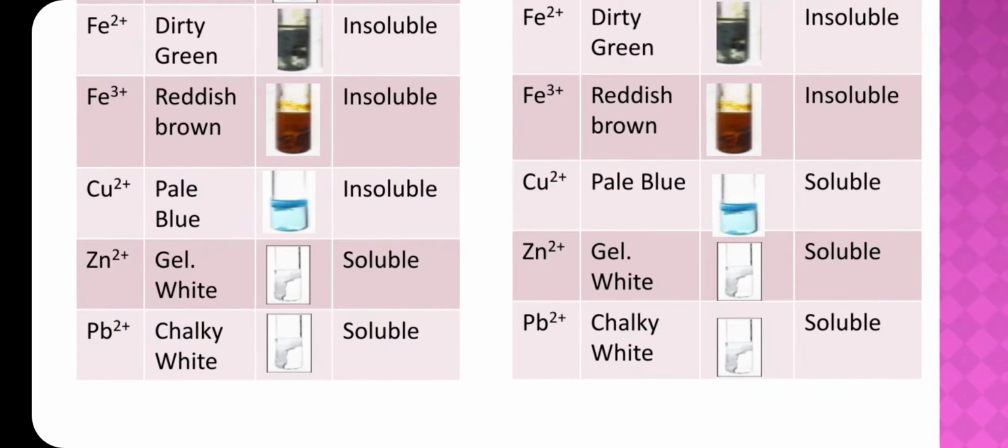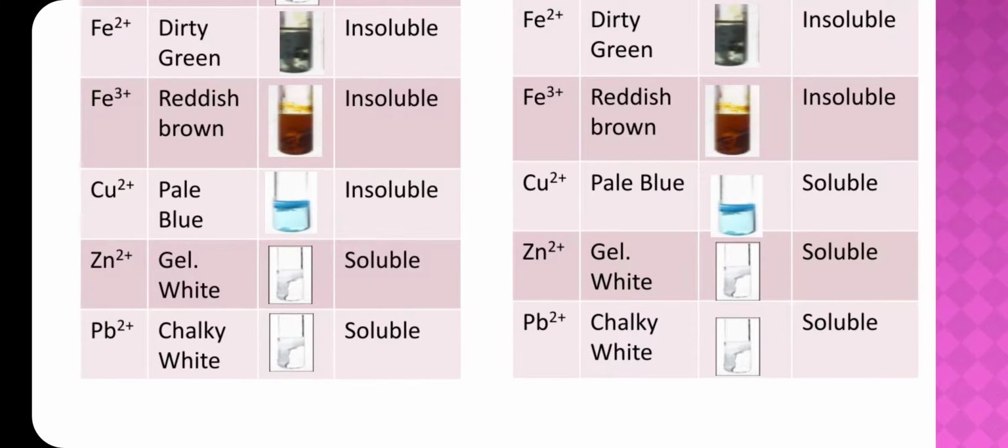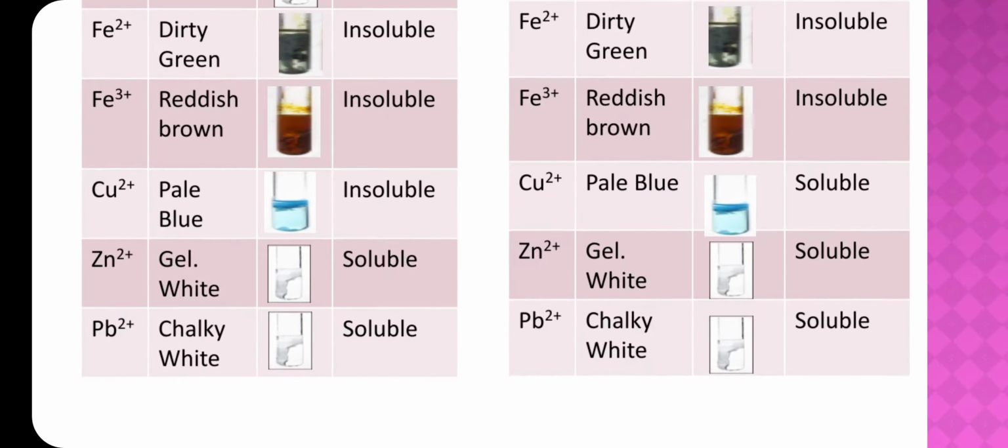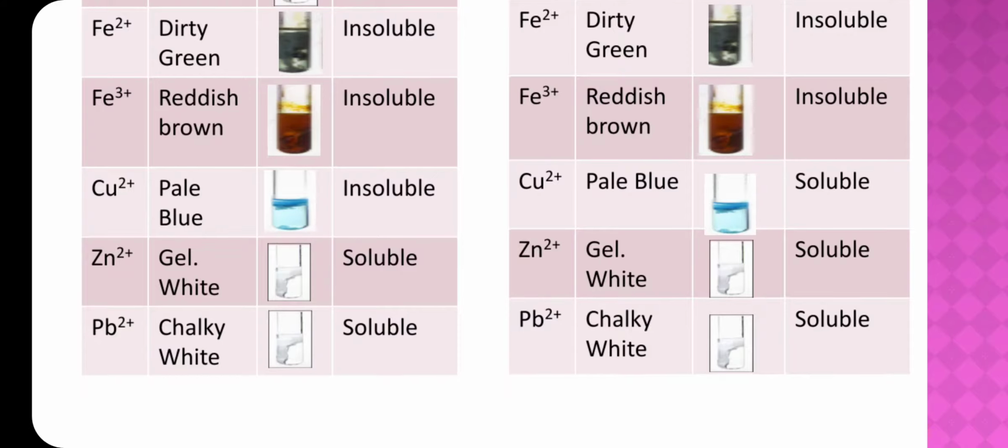Lastly, we come to the lead salts. Lead salts also give us a white chalky precipitate in both cases, and these precipitates are soluble in excess of sodium hydroxide and ammonium hydroxide respectively.